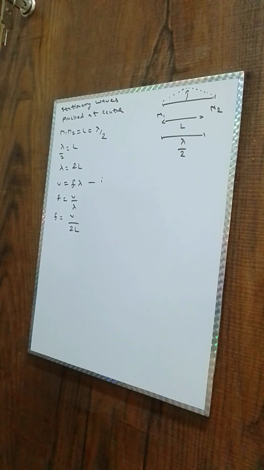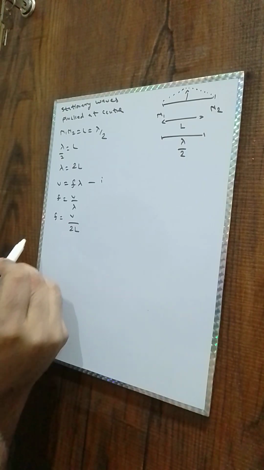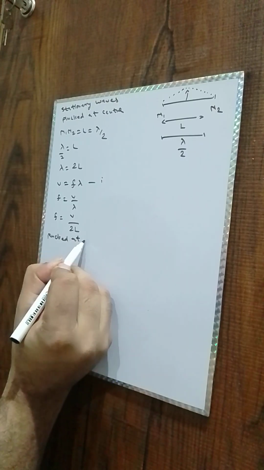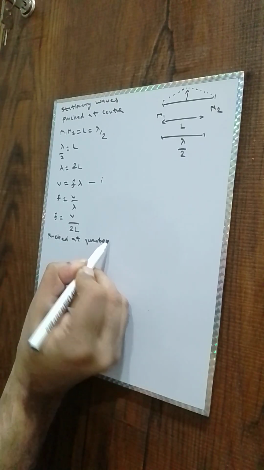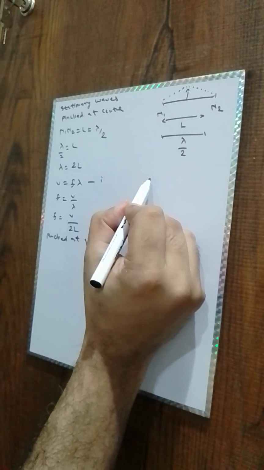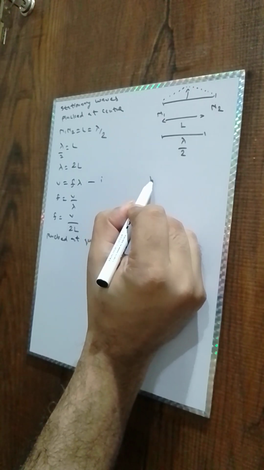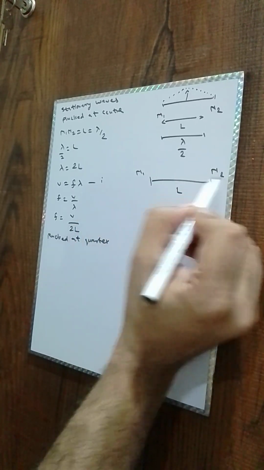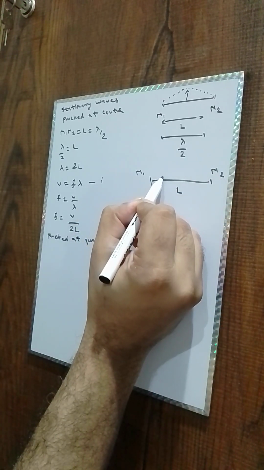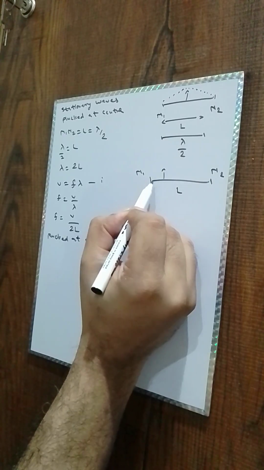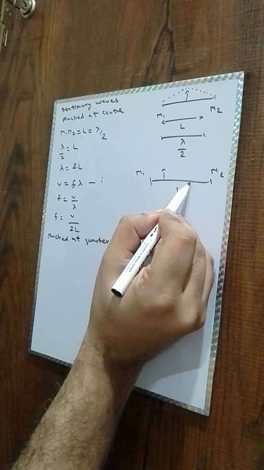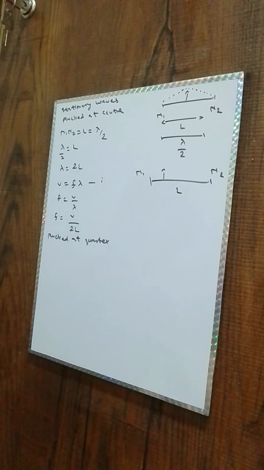Now if, for example, the string is plucked at a quarter, this is another case. What happens in this case is that we have this whole length between 2 nodes and we pluck somewhere here, which is 1/4 of the distance: 1/4, 1/2, 3/4, 4/4.